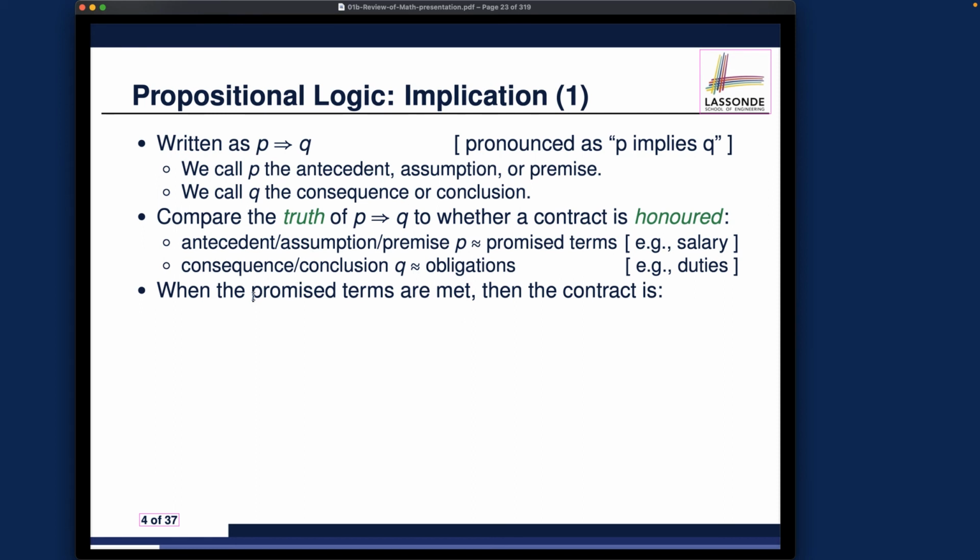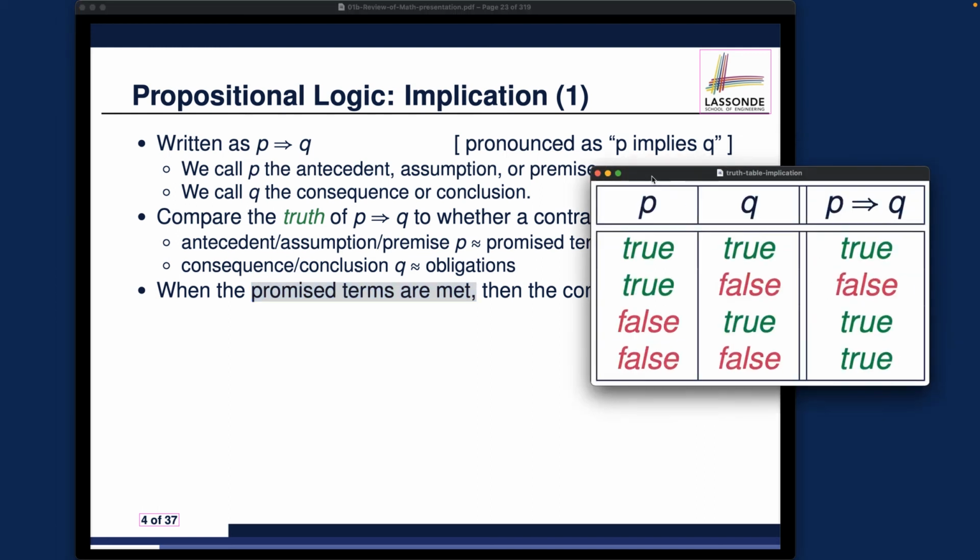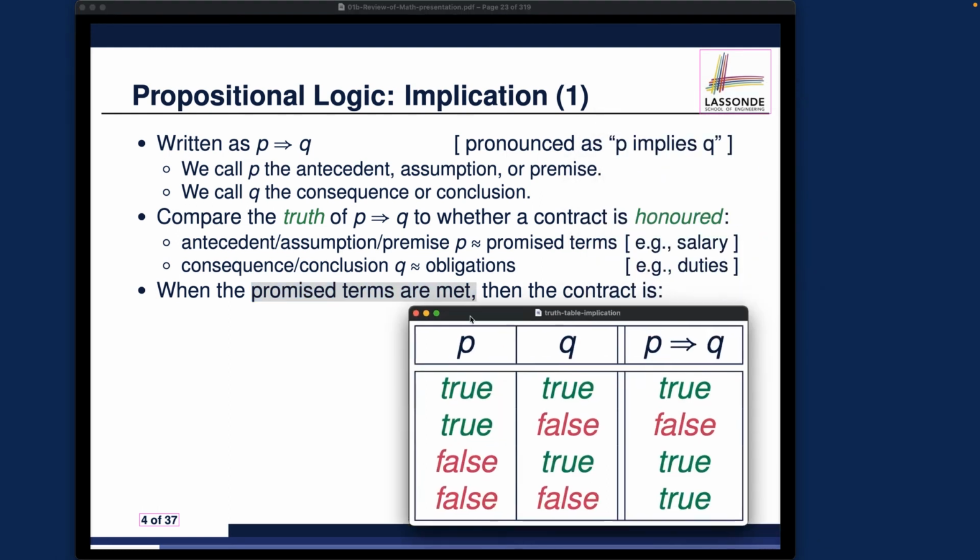When the promised terms are actually met, what's going to happen in the contract? Let me just show you this table over here. When the promised terms are met, meaning that P is actually true, we are talking about these two rows for implication. Let's not worry about the other two rows.